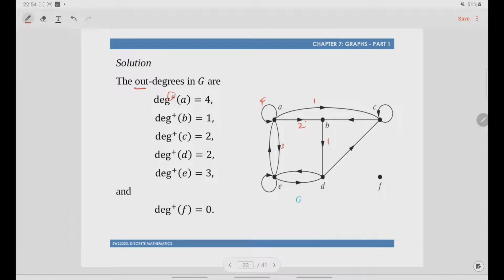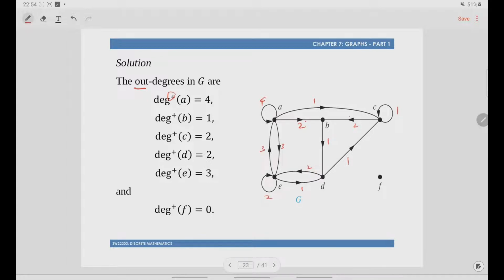How about the out degree of C? This is C. First of all, we have a loop, so number 1 is the loop. Number 2 is this edge. So we have 2, and only 2 for C. The same goes for D: we have 1 and we have 2, only 2 edges going out from D. For E, we have 1, the loop is number 2, and we also have this number 3.